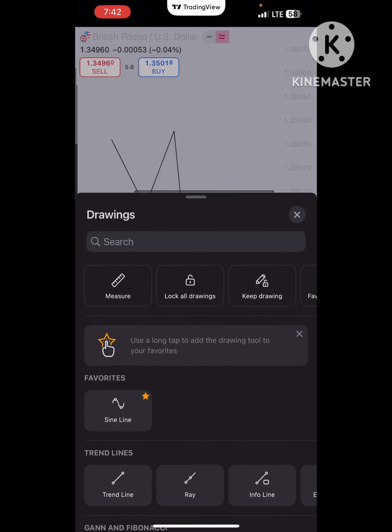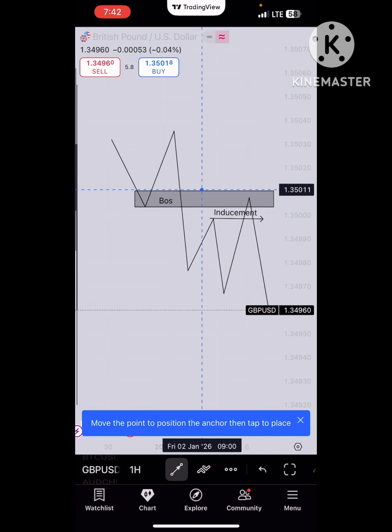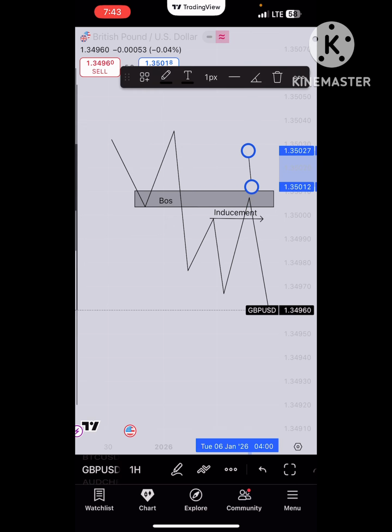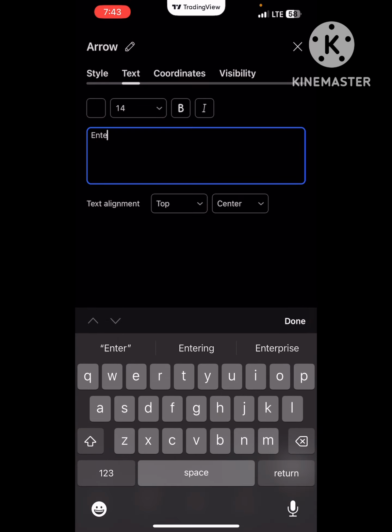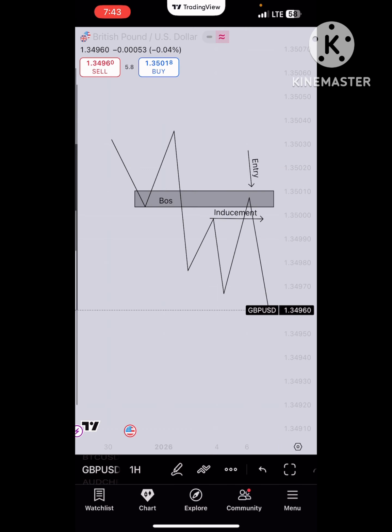So this is the entry here. This will be our entry. So that's our entry. Very, very simple. That's how the strategy is.